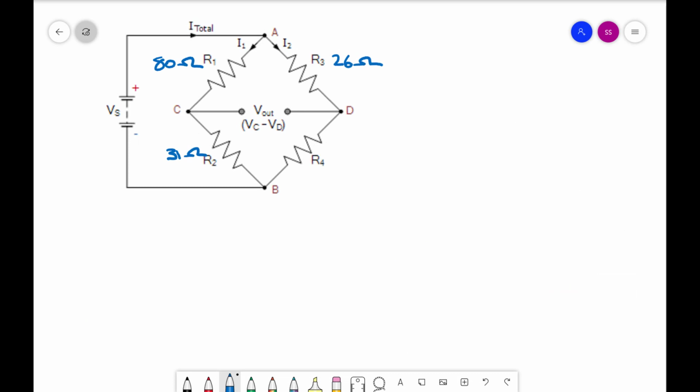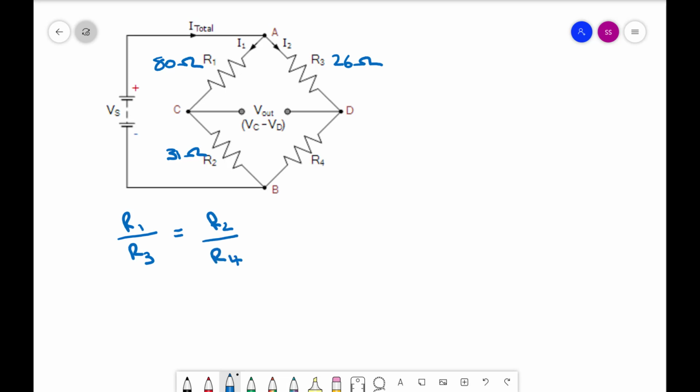So here is our solution for this circuit. Looking at the diagram, we've got R1 is 80 ohms, R3 is 26 ohms, R2 is 31 ohms, and R4 is an unknown value. So in terms of the formula that I have to remember then, I'm going to choose to compare the top half of the bridge to the bottom half of the bridge. So I'm going to write my formula as R1 divided by R3 is equal to R2 over R4.